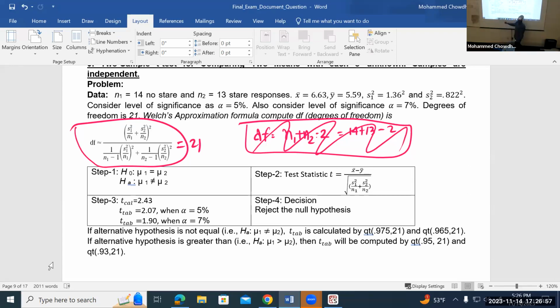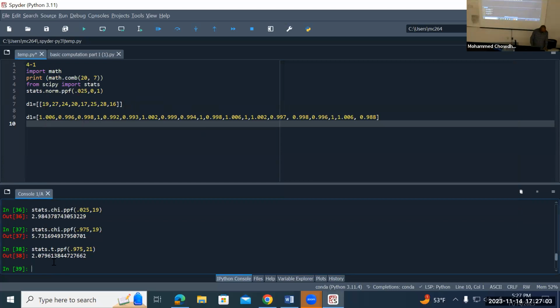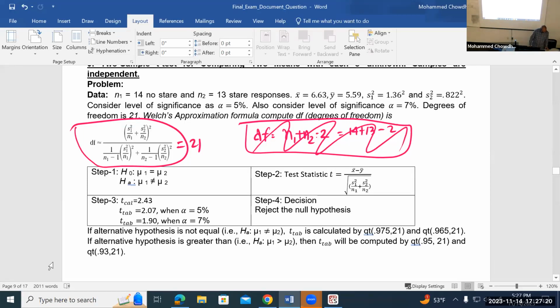Okay, that is the way I have computed this. And then another one is asked, 7%. 7% means you just need to change it to 7%, and the result is 1.90. Are you seeing 1.90?